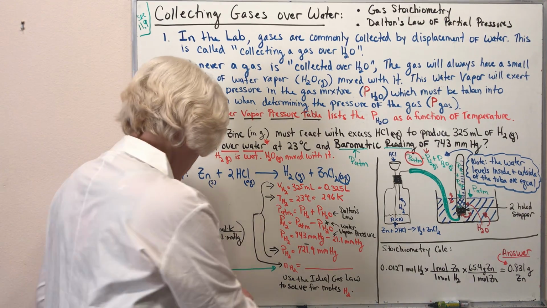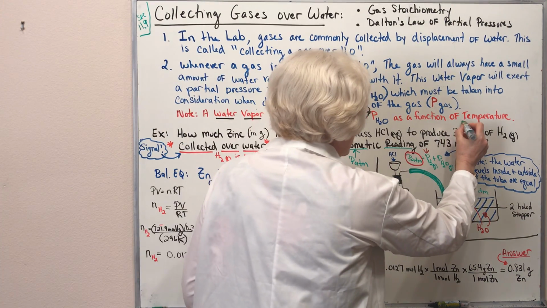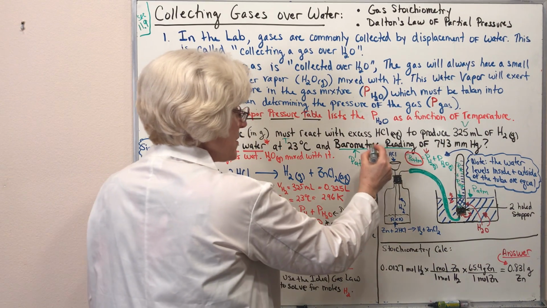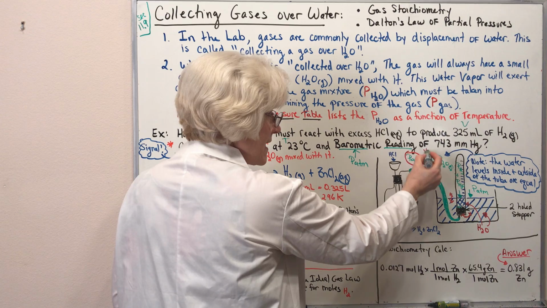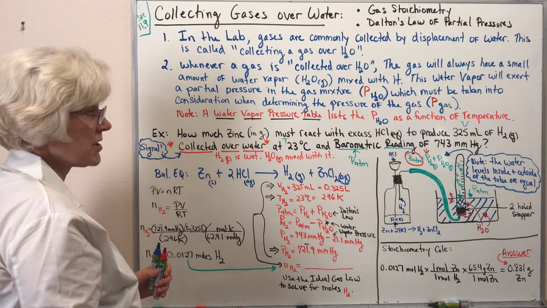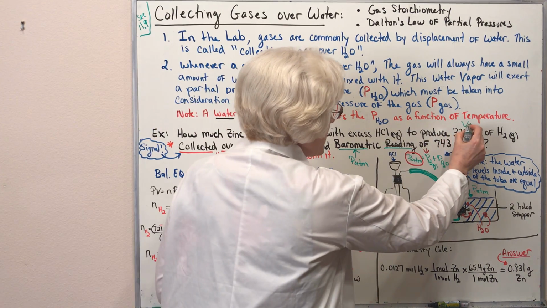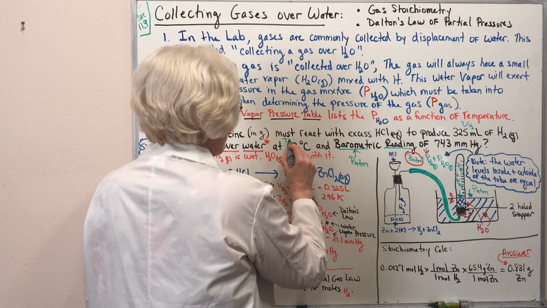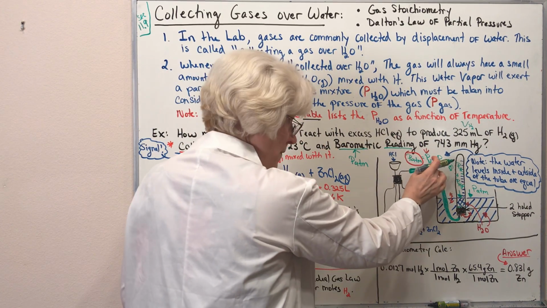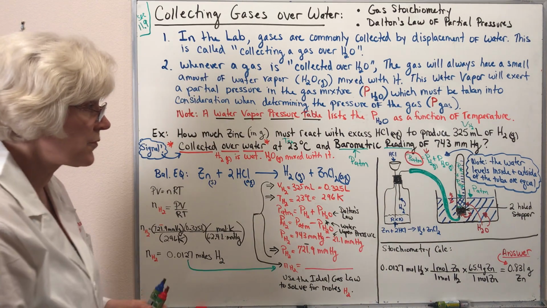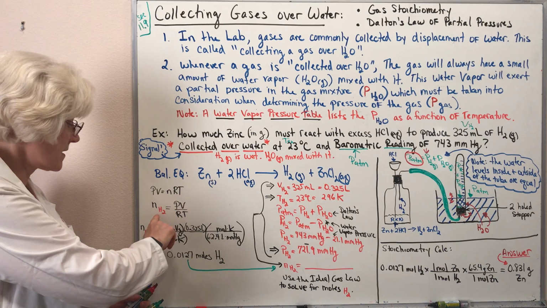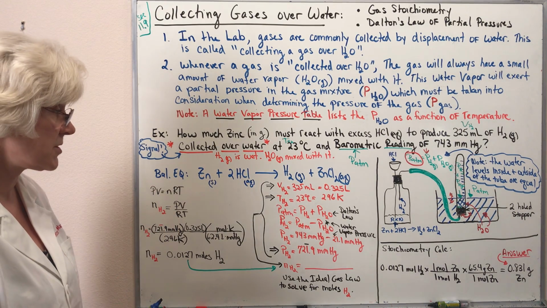If I have a V and a T, and I can use the barometric reading to get the pressure of hydrogen, so a volume of hydrogen, a temperature of hydrogen, and a calculation that gives me the pressure of hydrogen, I should be able to use the ideal gas law to calculate moles of hydrogen.